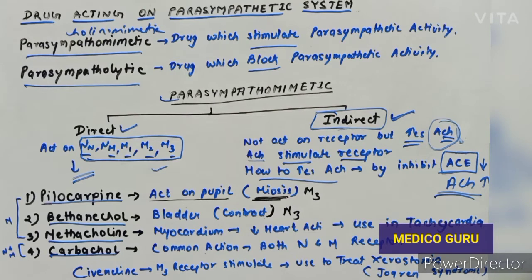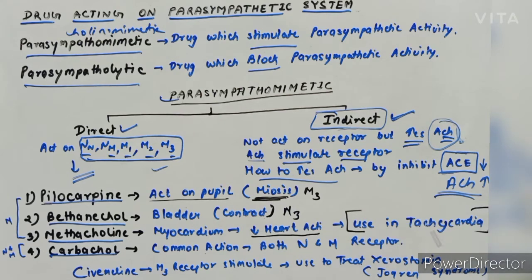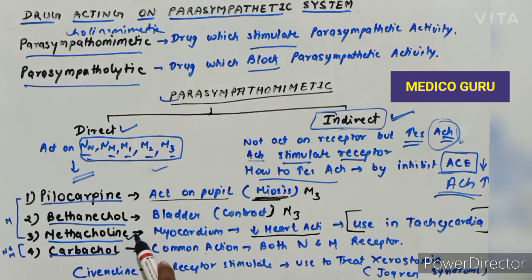If parasympathetic activity is stimulated, what will be the action on the myocardium? Decrease in heart activity. When can it be used? When a person has tachycardia, a high or increased heart rate, we can use this drug, methacholine, to decrease the heart rate.